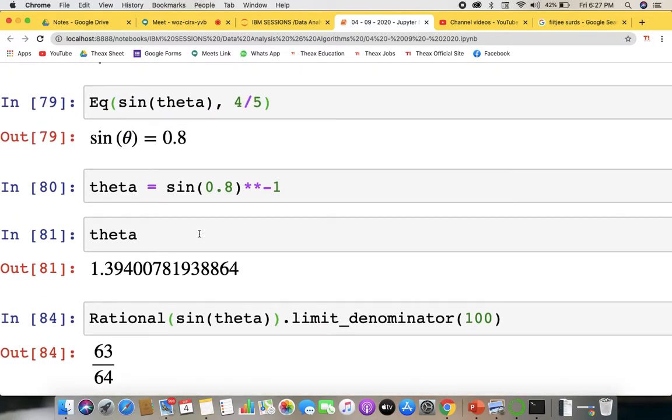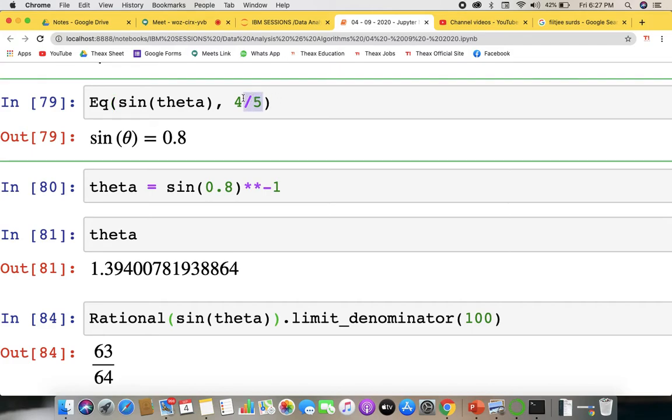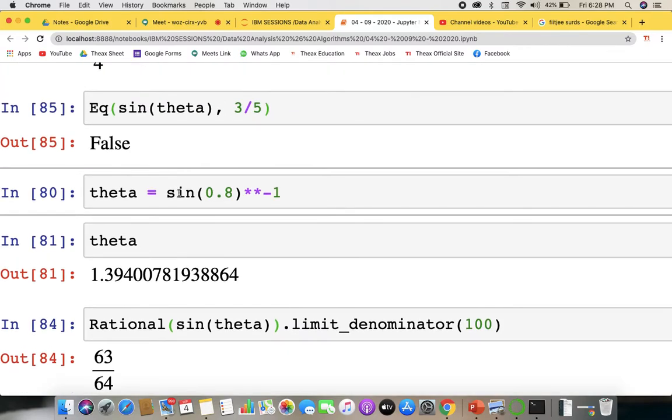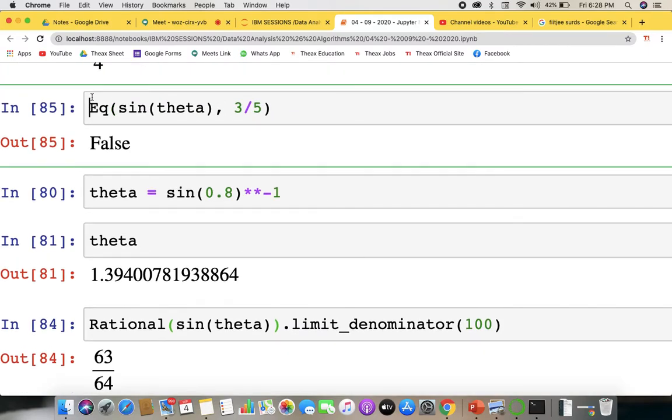Right? Exactly. Let's say this is 1 second. This is 5, 3, and 4. Okay. So let's say I'm saying this is 3 by 5. We have defined theta.